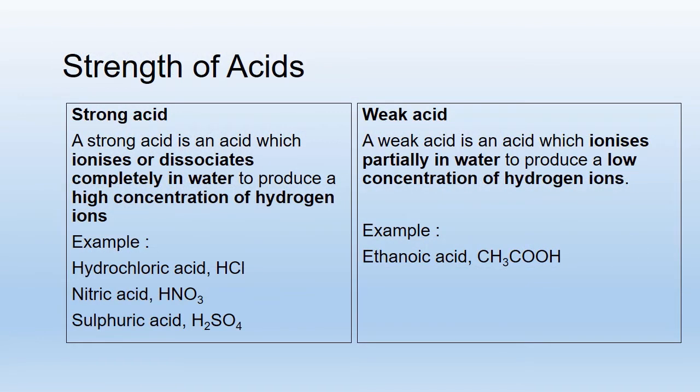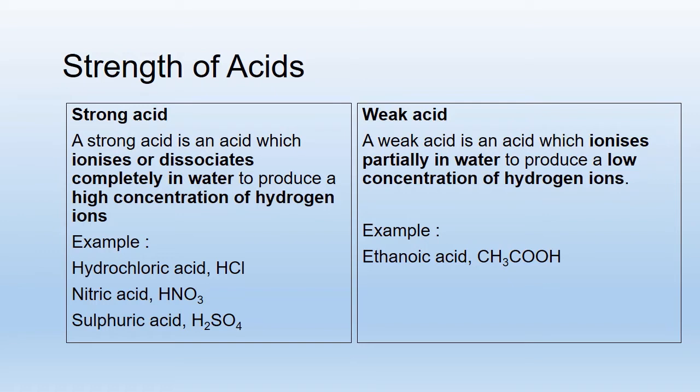Strength of acid. Strong acid. A strong acid is an acid which ionizes or dissociates completely in water to produce a high concentration of hydrogen ions. Example, hydrochloric acid HCl, nitric acid HNO3, and sulphuric acid H2SO4.